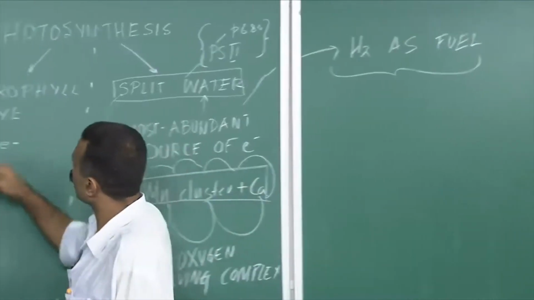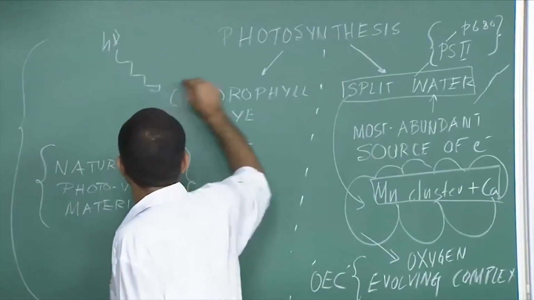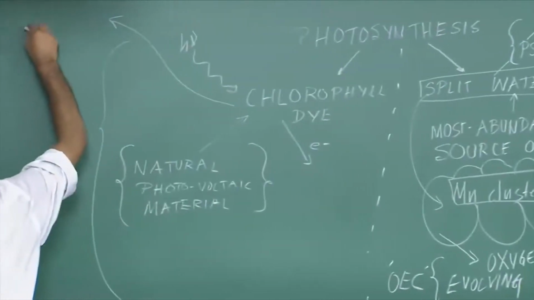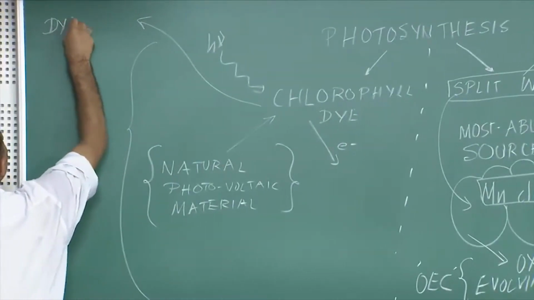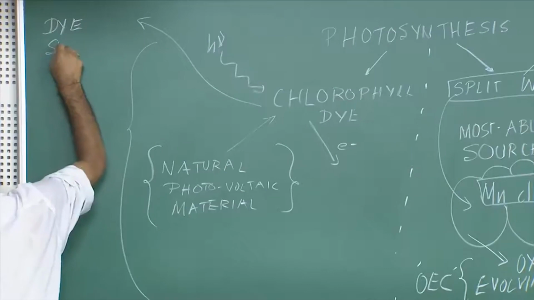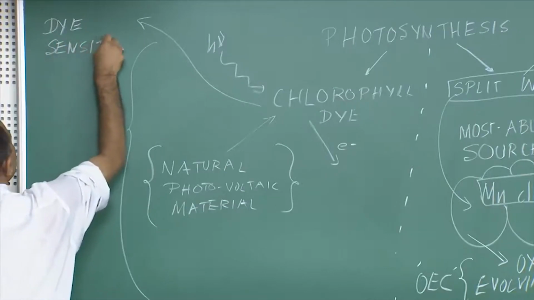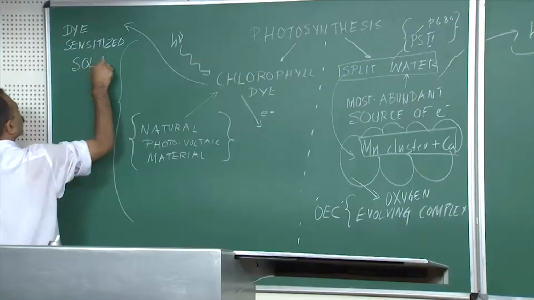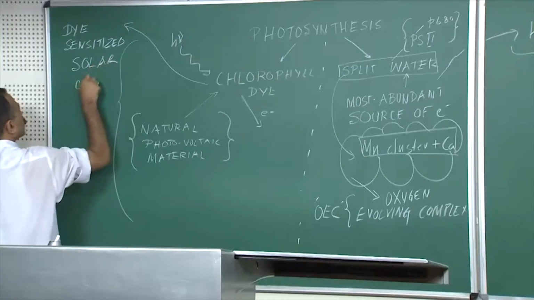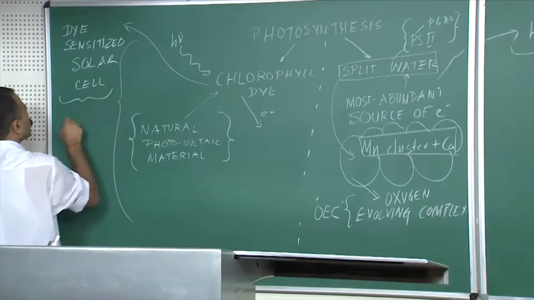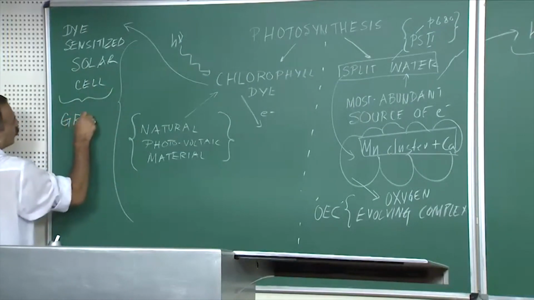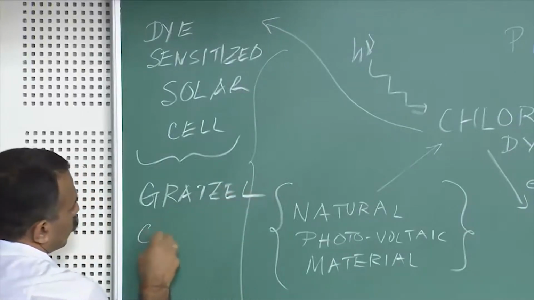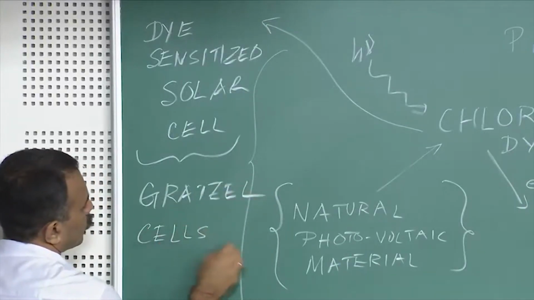Talking about the chlorophyll dye, there are several other dyes, and we will have an exclusive lecture on this, which will fall under dye sensitized solar cells. We will talk about this in detail, which is also commonly called, after the name of its innovator, Gretzel cells.